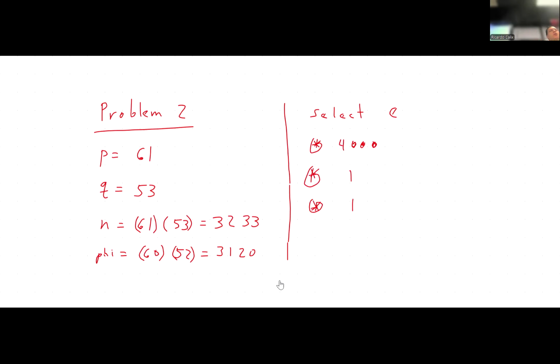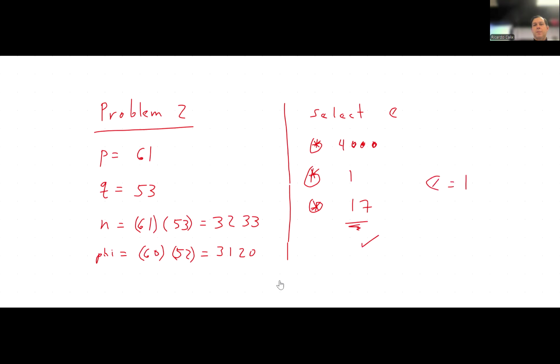So we don't know everything, but based on what we know, which one of these is the best candidate for E? Which one do you pick? 17, right? Just because right now it's within the range, so it meets the condition. But also later on, there are additional constraints that we need to check for it. All right. So, but yeah, good. So you can select 17. So then we're going to say that E is 17.